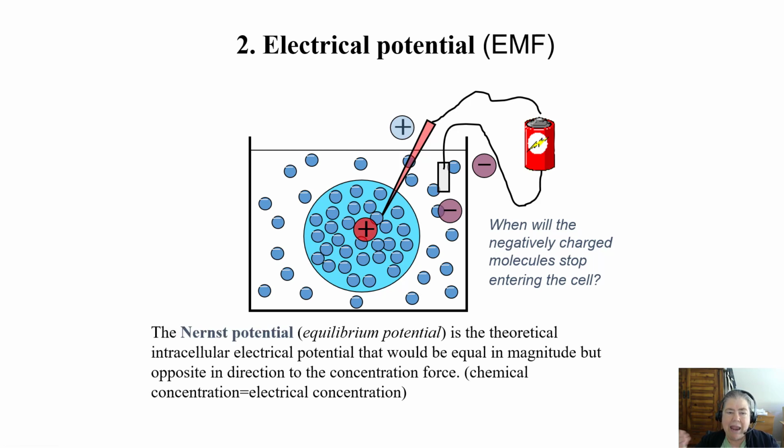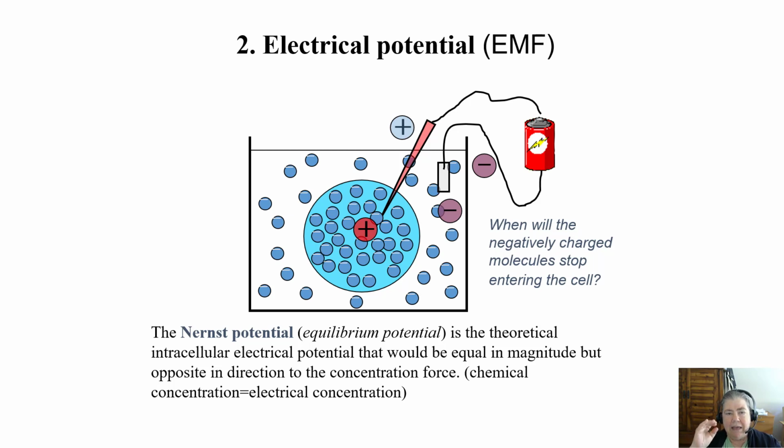Well, it happens when this electrical gradient, which we can think of as a force, equals the force of the chemical gradient. And that's called the equilibrium potential or the Nernst potential.